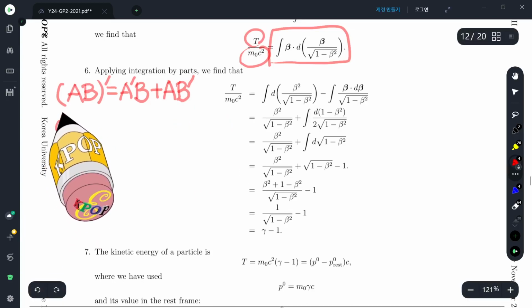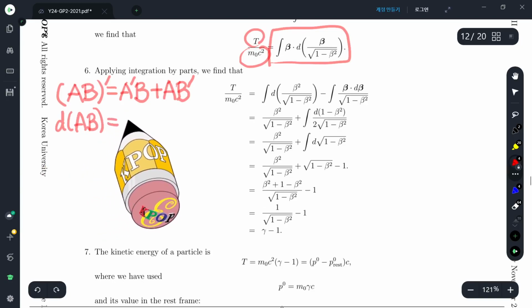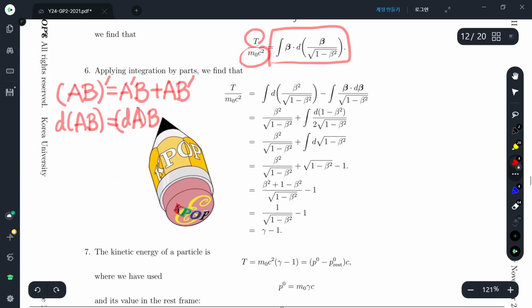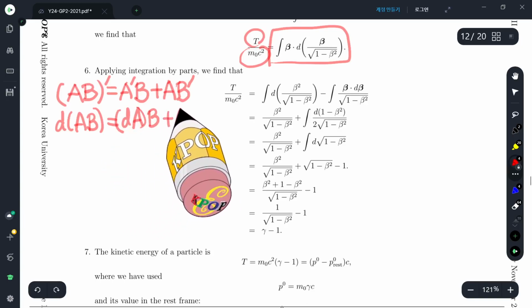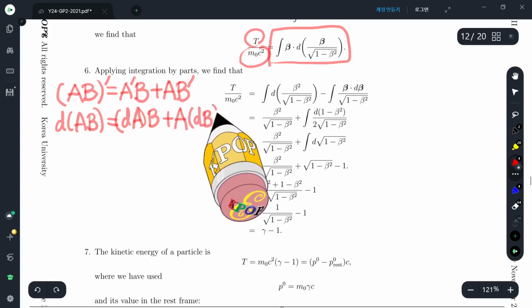That means the total differential of a product is the differential of a multiplied by b plus a multiplied by the differential of the factor b.